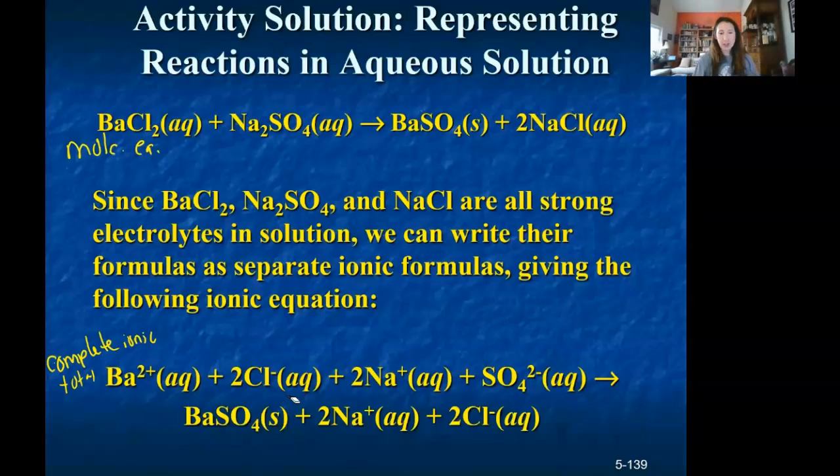But technically you should put AQs in all of them. And then here's our solid. Remember, this solid we figured out by looking at our solubility table, right? That's how we figured out that solid. Once we put that S, we never take it apart, right? It never comes apart.